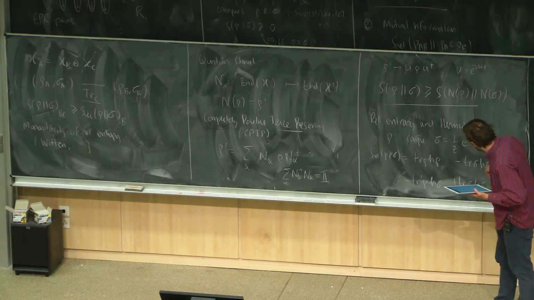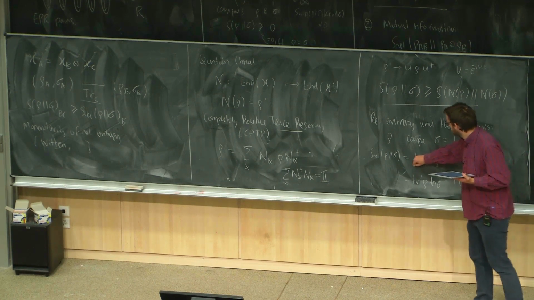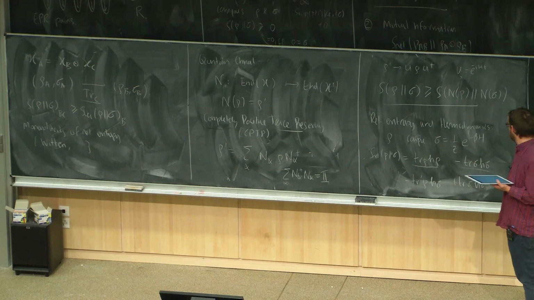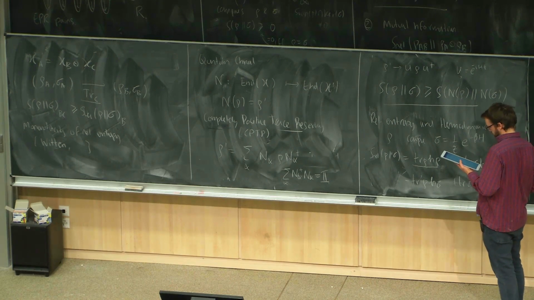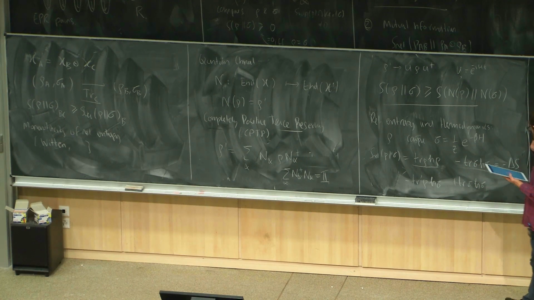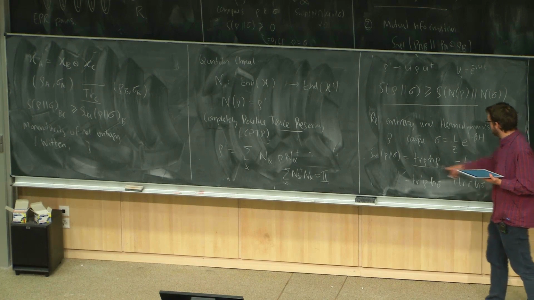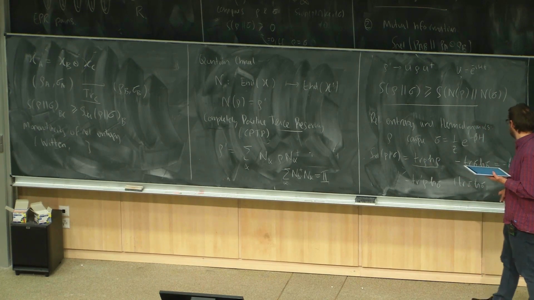This is the von Neumann entropy of sigma. This is minus the von Neumann entropy of rho. So this is just minus delta S, where delta S is the change in the von Neumann entropy, or the entanglement entropy between these two density matrices.